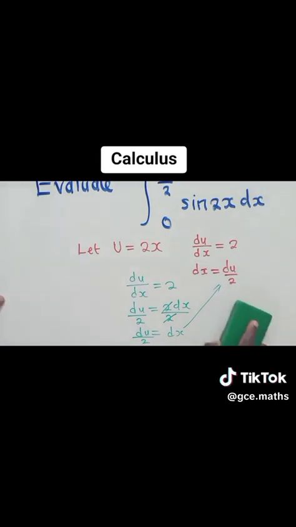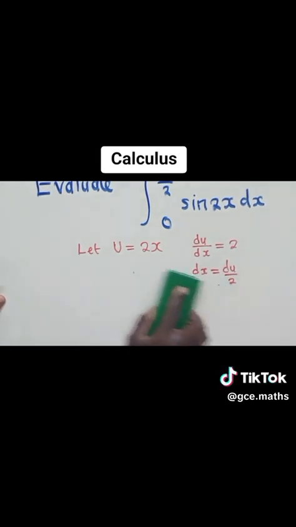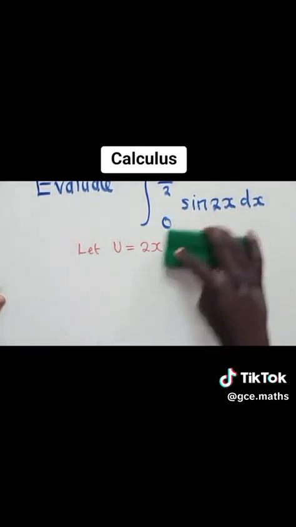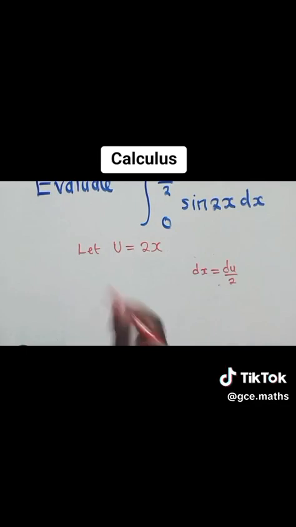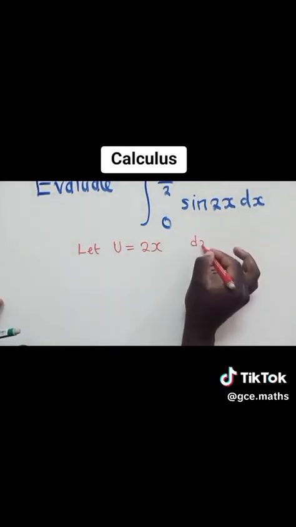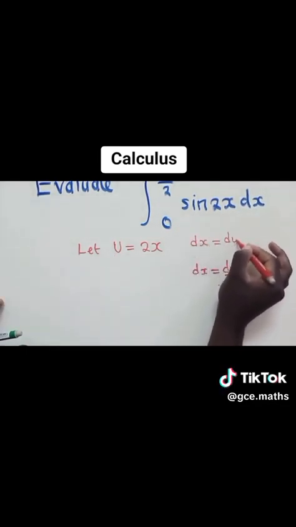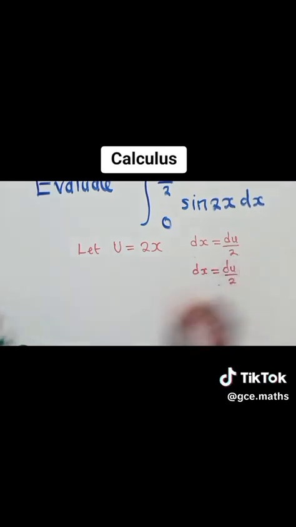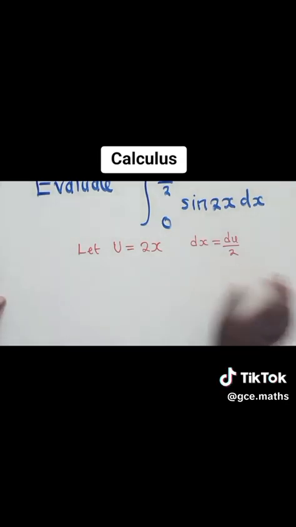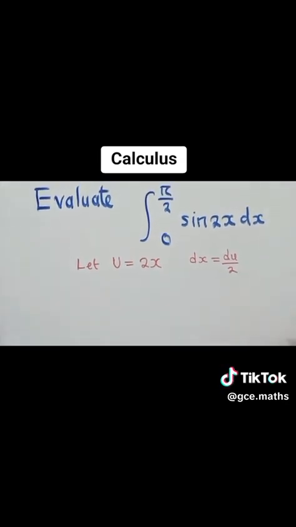So after doing that, the most important things that we need to remain with are u, and dx which is equal to du over 2. Okay, so now that we have these two, we are good to go. We can now do the substitution.